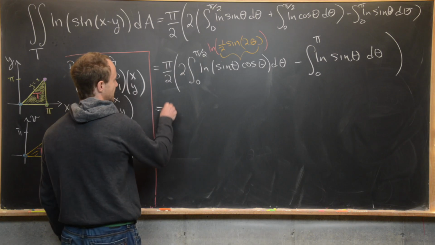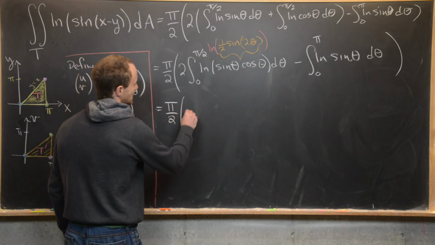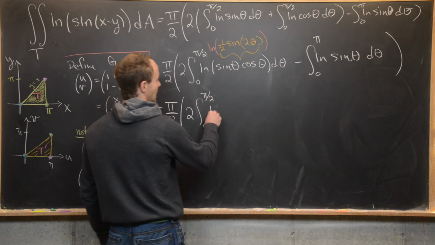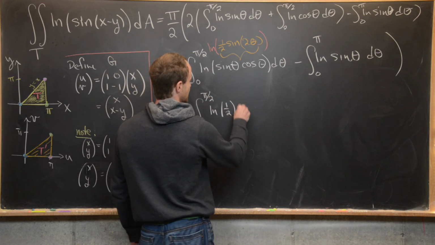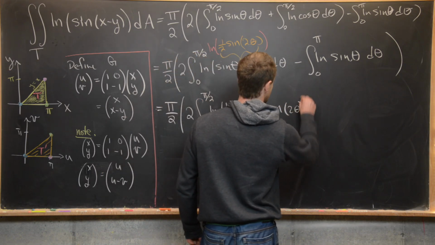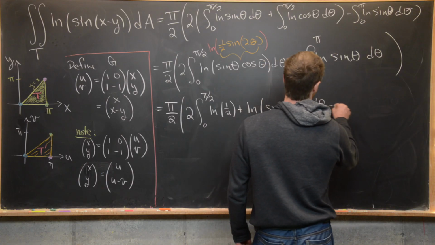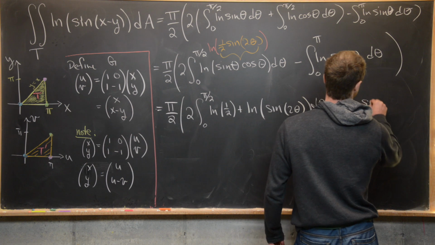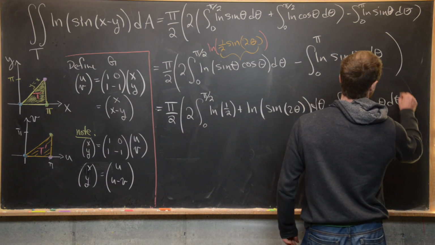So I've got pi over 2, and then 2 times the integral from 0 to pi over 2 of natural log of 1/2 plus natural log of sine of 2 theta d theta, minus the integral from 0 to pi of natural log of sine of theta d theta.